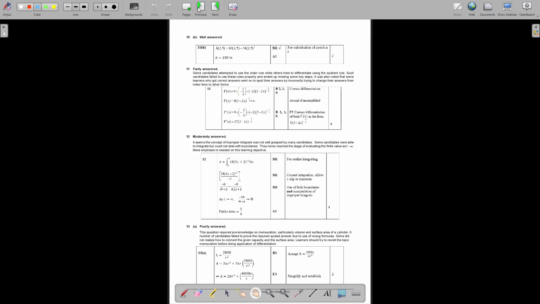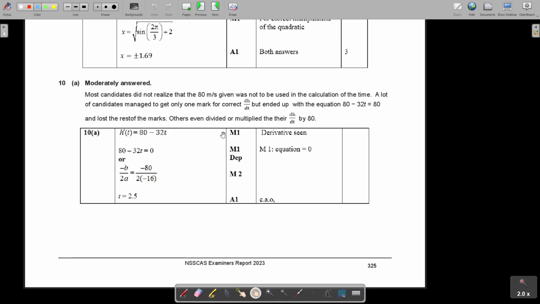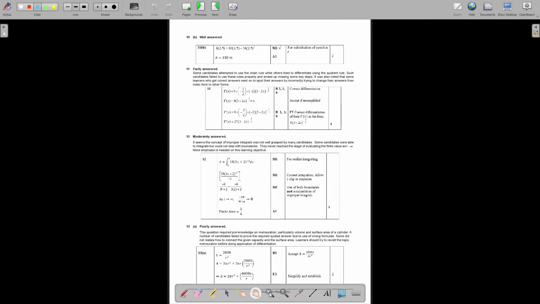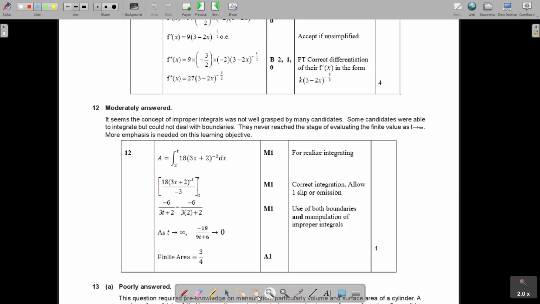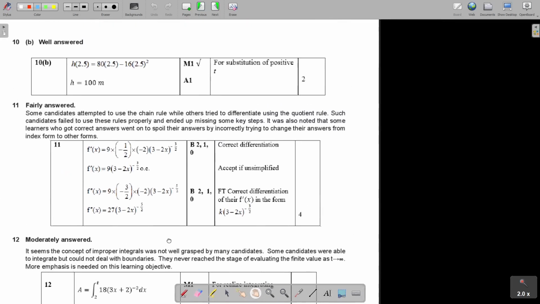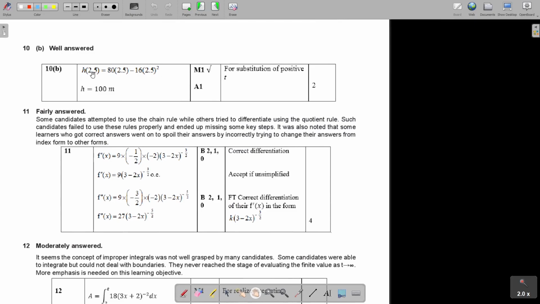And then we can just check the marks. So 1 mark was for the differentiation, then putting it equal to 0, and then you get 2 marks there, and the 2.5. And then the next one, let's see what they say. Okay, well answered. So I substitute the 2.5 in and I get 100 meters.